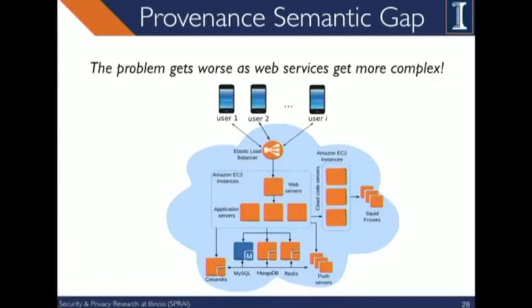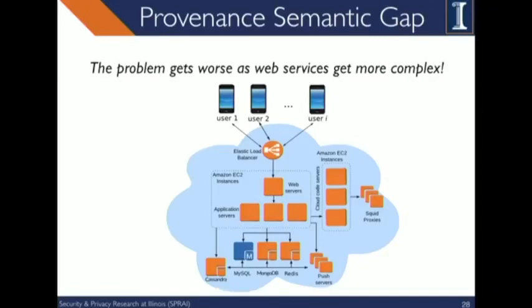And so that was a toy scenario, right? This problem only gets worse as our applications get more and more complex. So what we have here is an AWS-based, or an EC2-based, web app service. And we can see, or perhaps we can't see that, within this figure, we have load balancers and application servers.